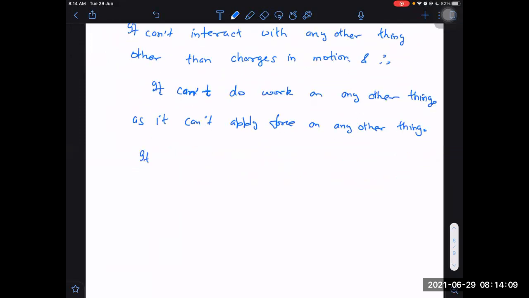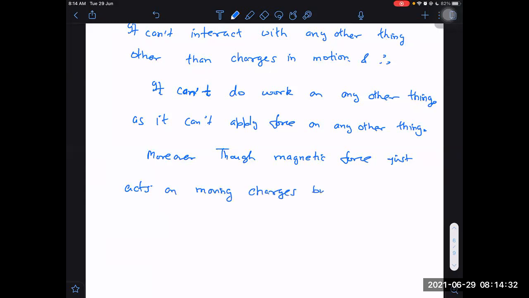second, moreover, the magnetic force just acts on moving charges, but it doesn't do any work on moving charges.